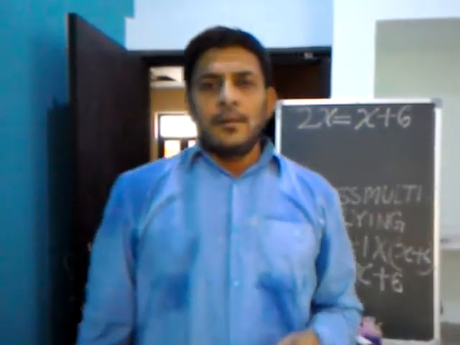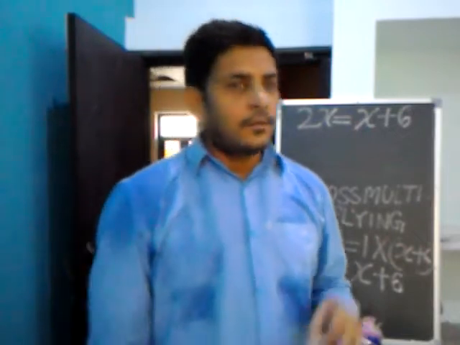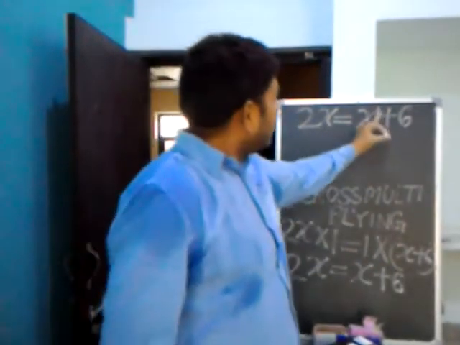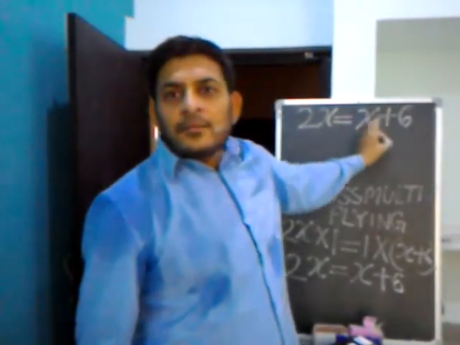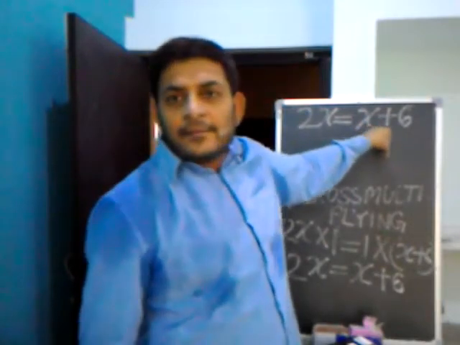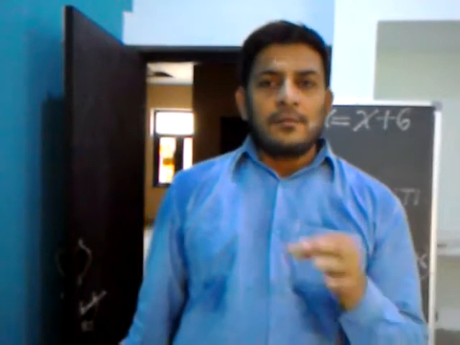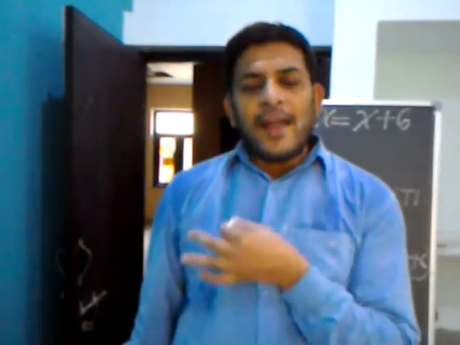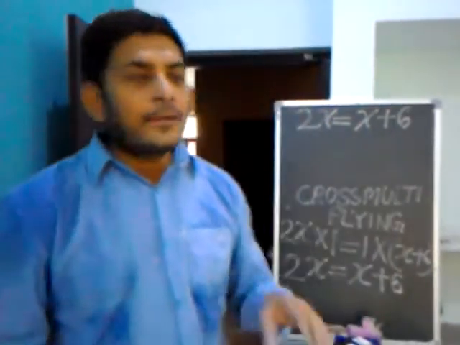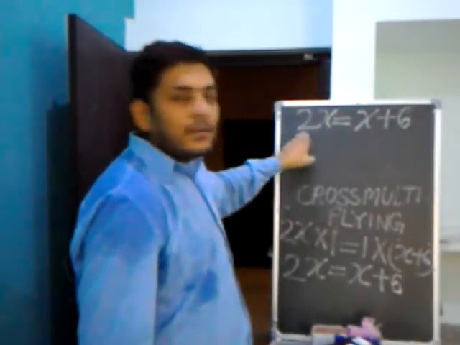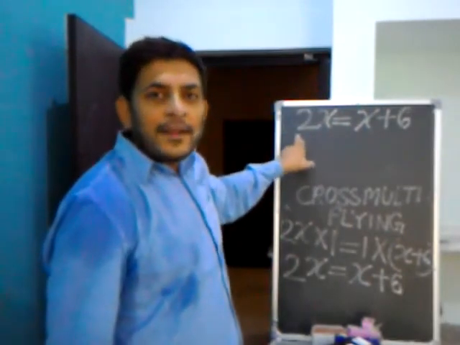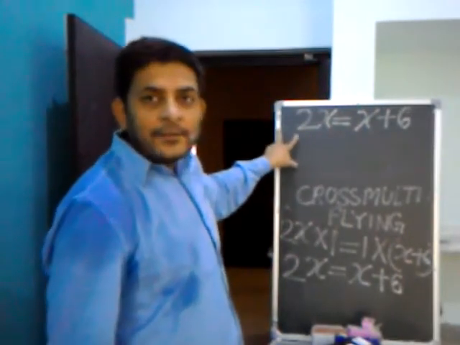Now, by convention, I usually write all the variables or unknown parts, such as x here, that is, any letter from A to Z, on the left side of the equal sign.